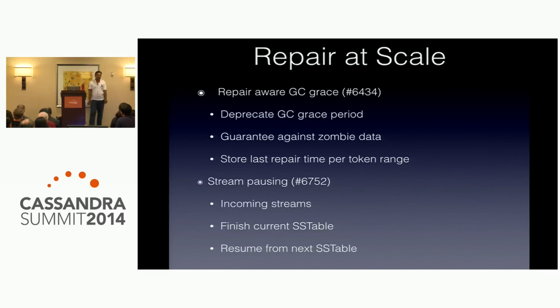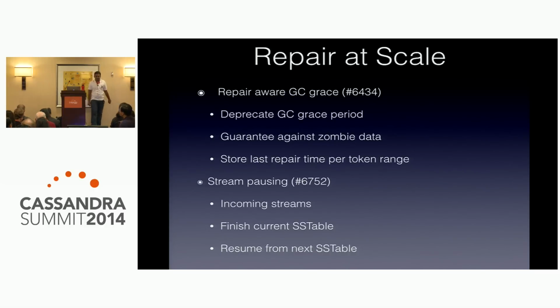When you repair, we store when you repaired and what range inside Cassandra. And what that does is it doesn't drop any tombstone if it has not been repaired. So if you don't run repairs, you are fine. The only thing is you won't drop tombstones, but there won't be any reappearing data. So that helps a lot so that we can run repairs.